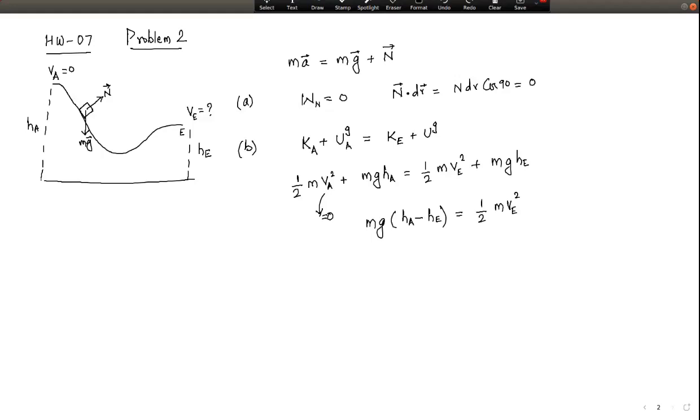So velocity at point E is equal to the square root of 2 times g times h_A minus h_E, the change in the height. Putting in the numbers, it's 9.8. The change in height is 40 minus 20.